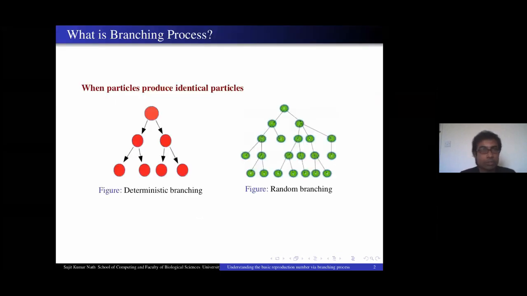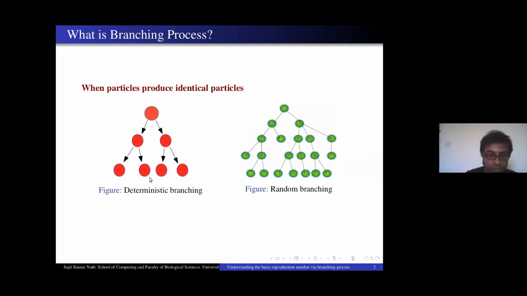First of all, let me tell you what a branching process is. It is quite a natural phenomenon which occurs almost everywhere in nature. It can be a deterministic branching process, where each red particle branches into similar red particles, like cell division. Here each red particle gives rise to two similar red particles, and so on.